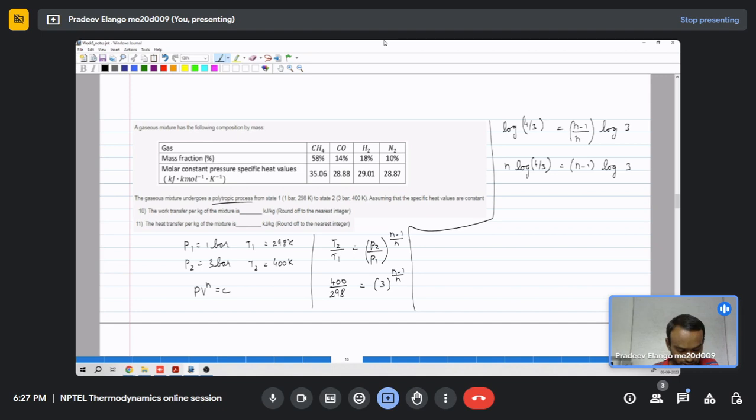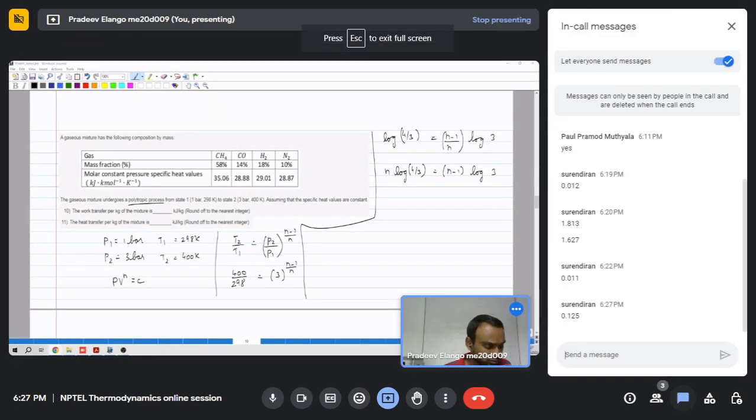Generally in this case we will take natural logarithm, so it should be log base e, that is ln. Even though both will give the same answer, we will go with this.